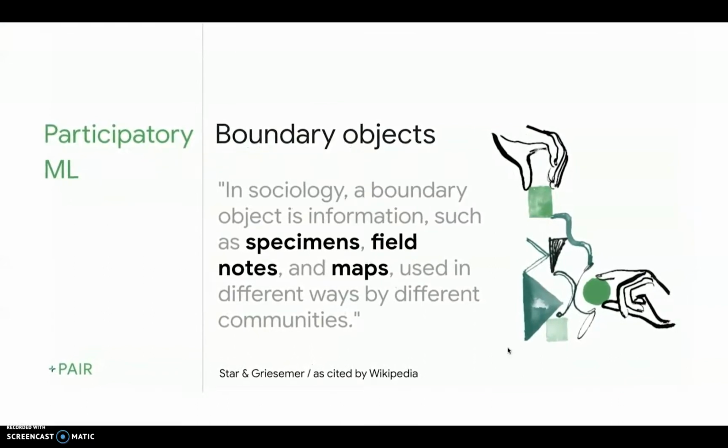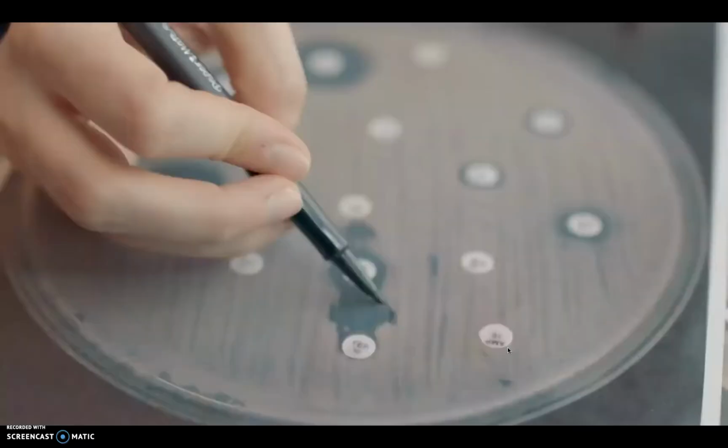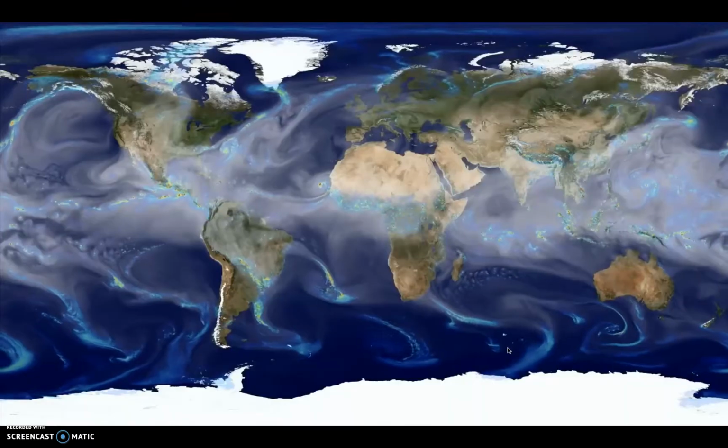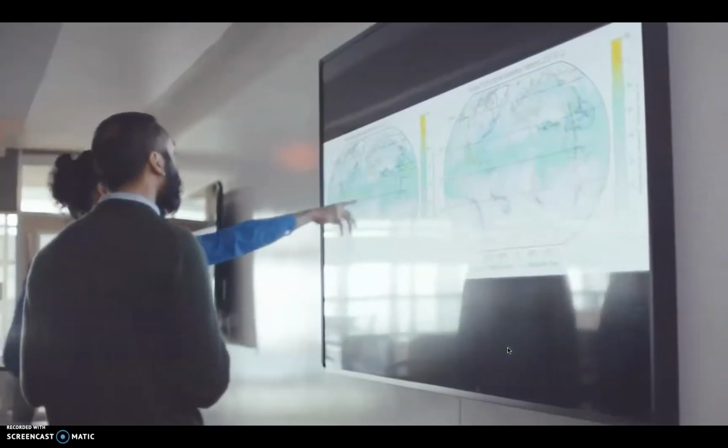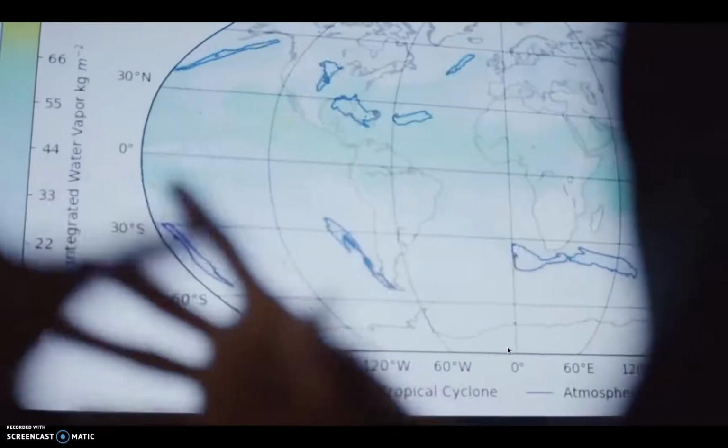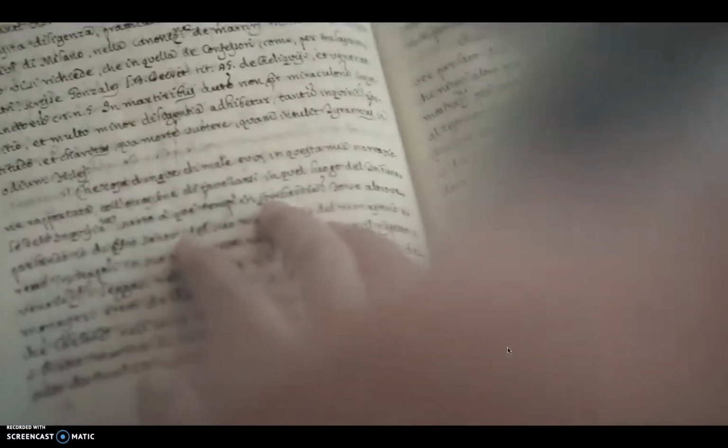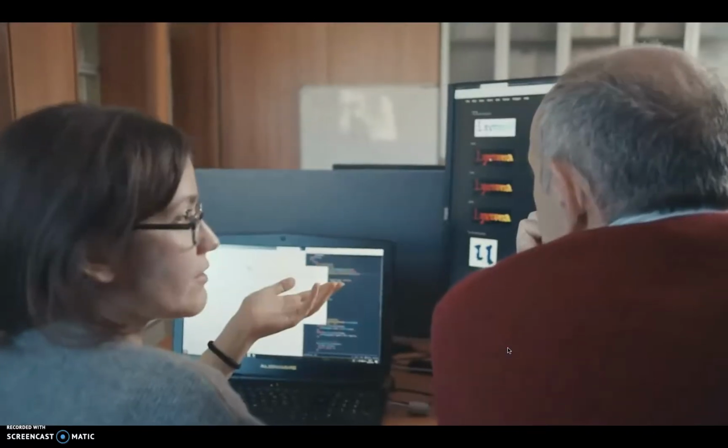A boundary object is information such as specimens, field notes, and maps, used in different ways by different communities. We believe that we need artifacts, we need points of contact for different communities to be able to have an informed and useful conversation around these systems we're building and deploying.